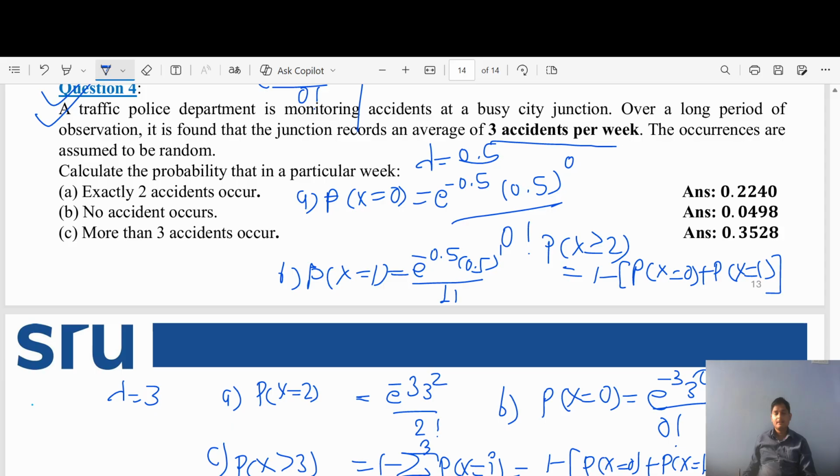Okay, if we evaluate all these probabilities, we get the probability greater than 3. So we just compute 0, 1, 2, 3 for each probability and we get the required answer. So I think you solve all these problems very carefully.